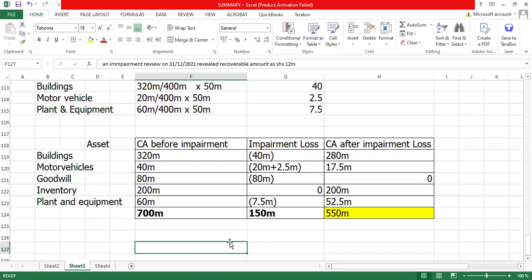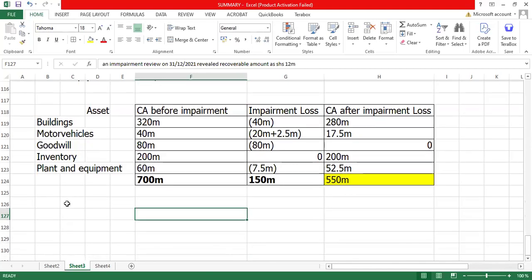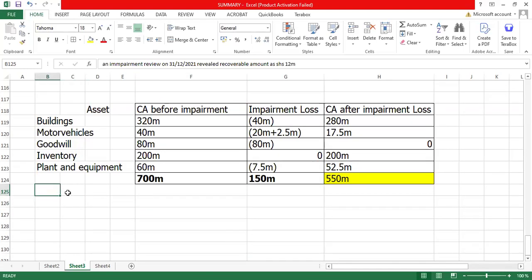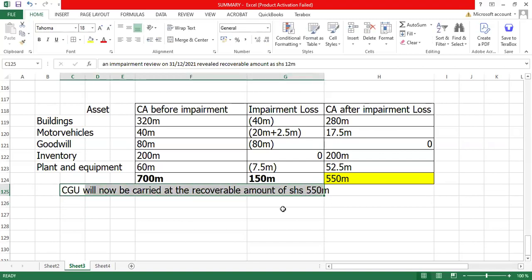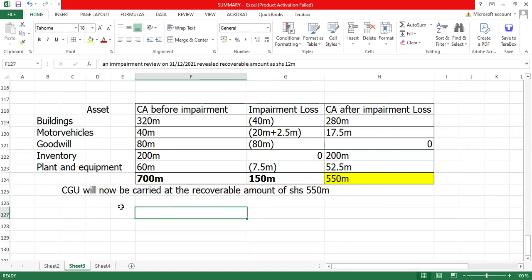Yes. Okay. So this means that therefore the cash generating unit will now be carried at the recoverable amount of shillings 550 million. Subsequently, that's what the CGU will be carried at.